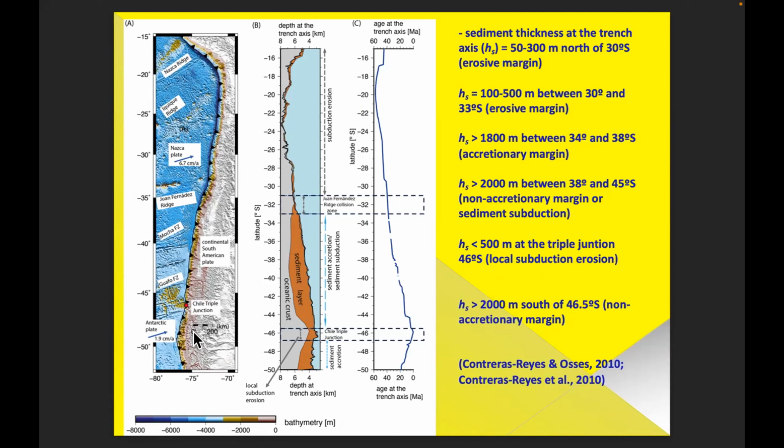And then farther south, the sediment thickness increases again in the glacier area of southern Patagonia. So the Juan Fernandez Ridge behaves somehow like a barrier for sediment transport to the north. And in the North Chile desertic arid area, there is no sediment at the trench.